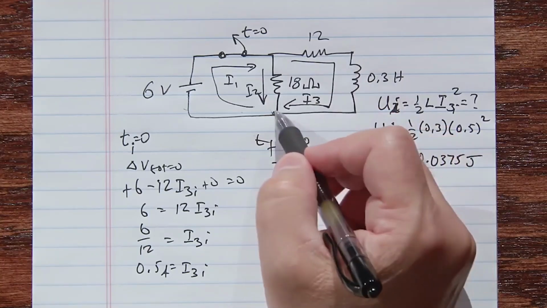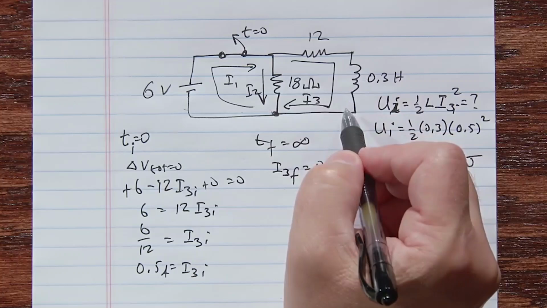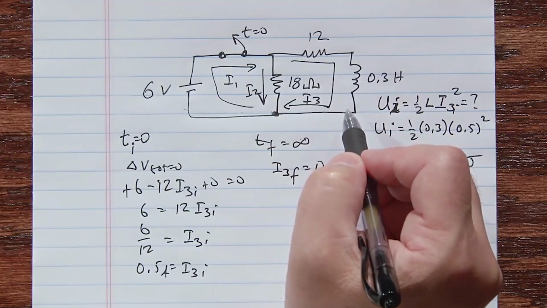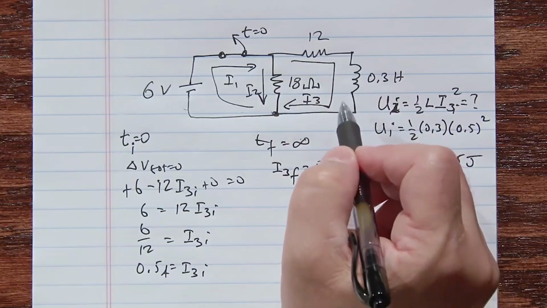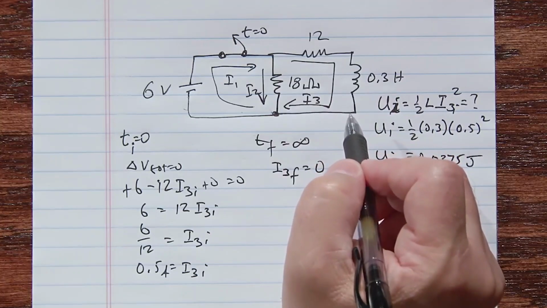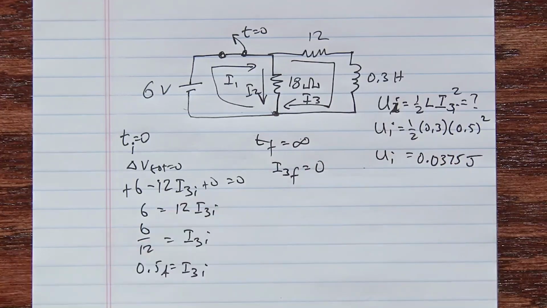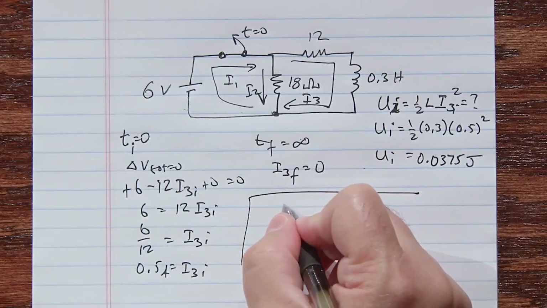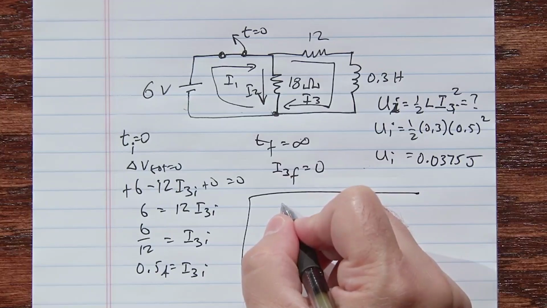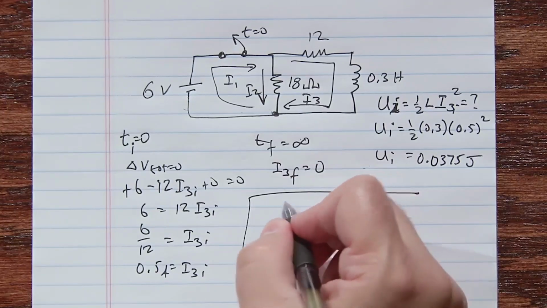But in order for us to get a total change in voltage across this circuit of 0, those two currents also have to be 0. So after an infinitely long time, the current will be equal to 0. And then we were asked at what t is the current equal to 0.5 milliamperes.